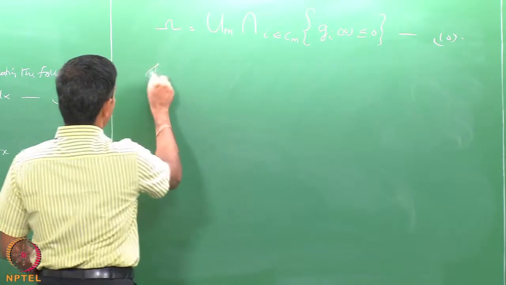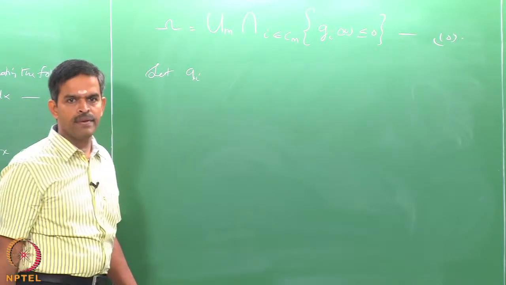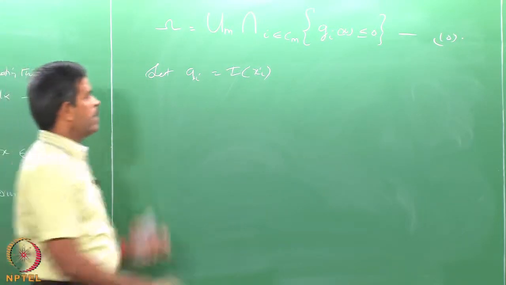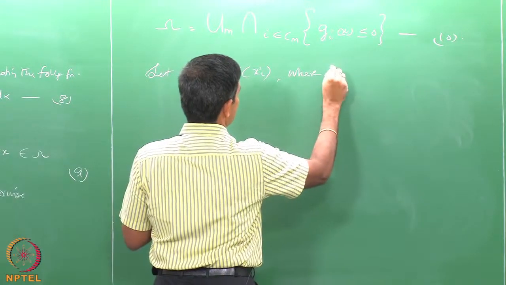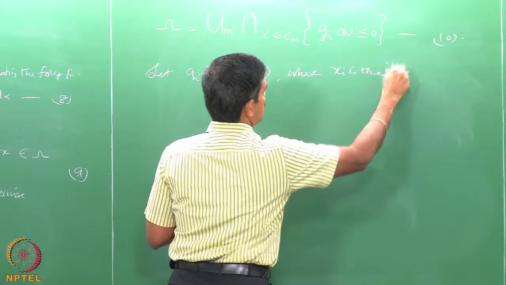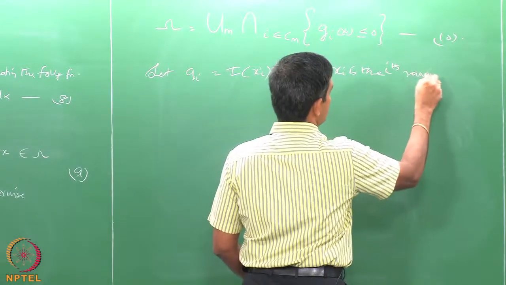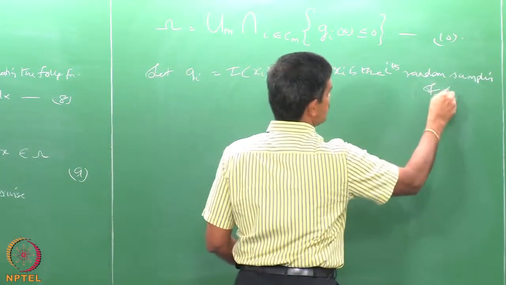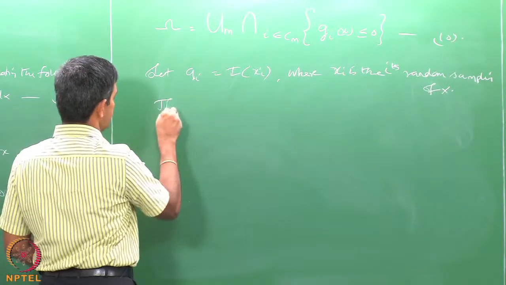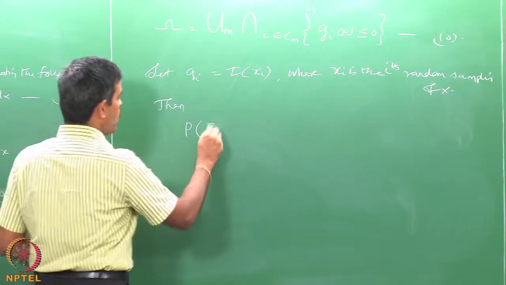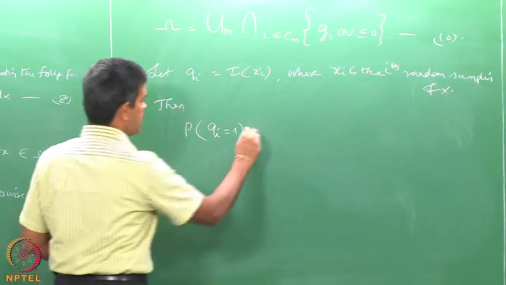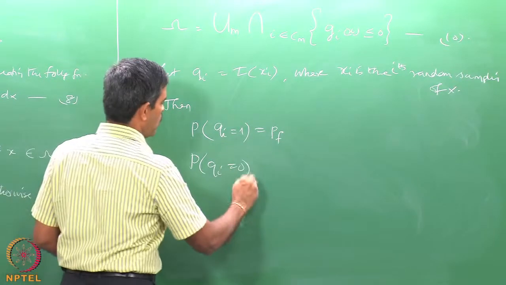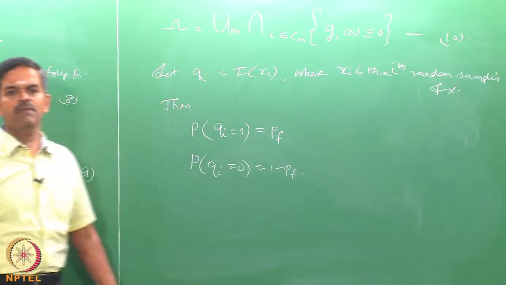Now, let us say Qi is I of xi, where xi is the ith random sampling of x. Then P of Qi equals 1 will be the probability of failure, and P of Qi equals 0 will be 1 minus probability of failure, which is reliability.